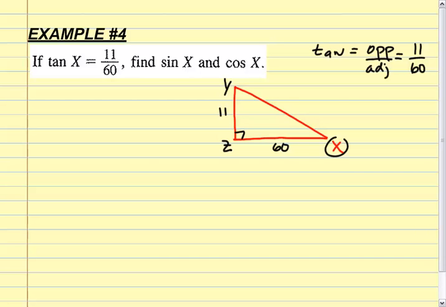And here's angle x, opposite over adjacent. Okay? Well, if I've got these two, then I can figure out what C is, right? The hypotenuse. I can use Pythagoras. So we're going to get 11 squared plus 60 squared is equal to C squared. That's going to give us 121 plus 3,600 is equal to C squared.